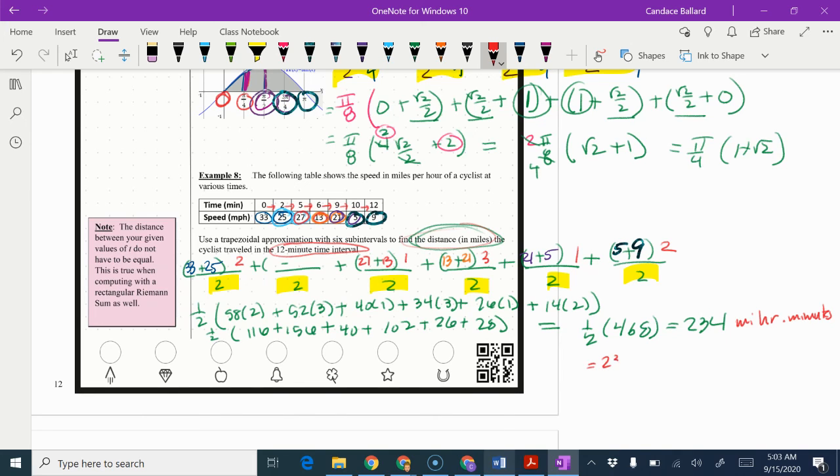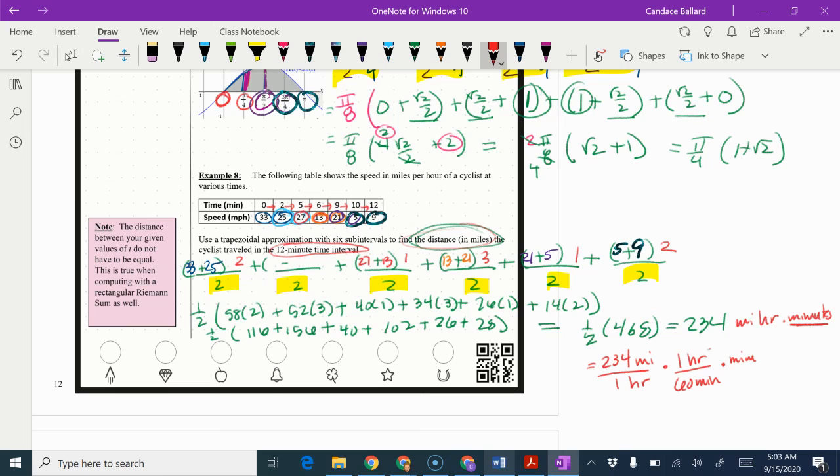So we know we've got 234 miles per 1 hour. We're going to multiply that by, we know 1 hour is divided into 60 minutes. And then we're going to multiply that times the minutes, which was right here.